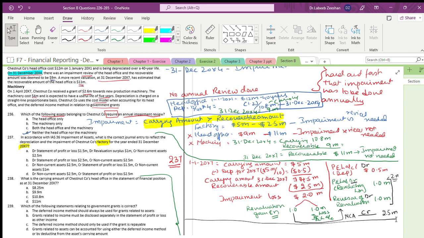There is another balance of 1 million loss. This loss we don't have any other option, so we have to deduct it from the profit and loss account as an impairment loss. So depreciation is 0.5, impairment loss with respect to revaluation is 1 million, profit and loss is 1 million. Total is 2.5. This 2.5 will be credited against the non-current assets.